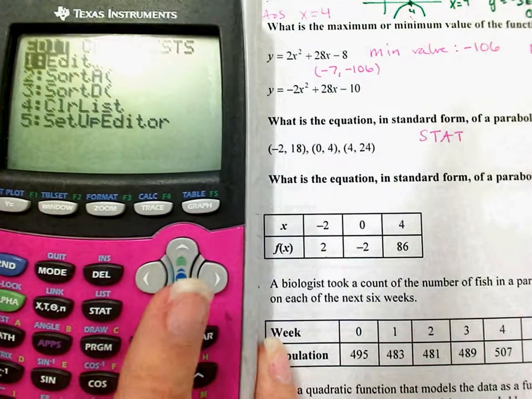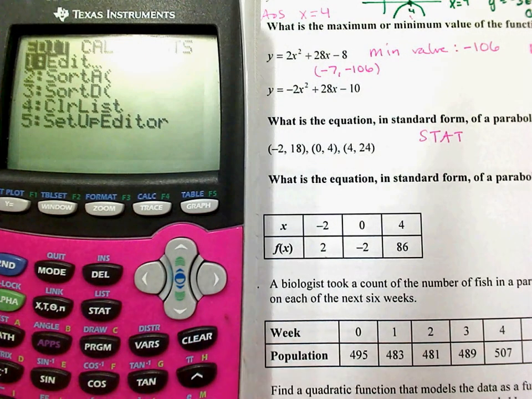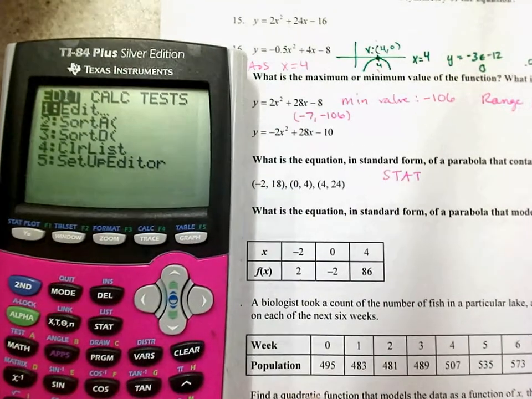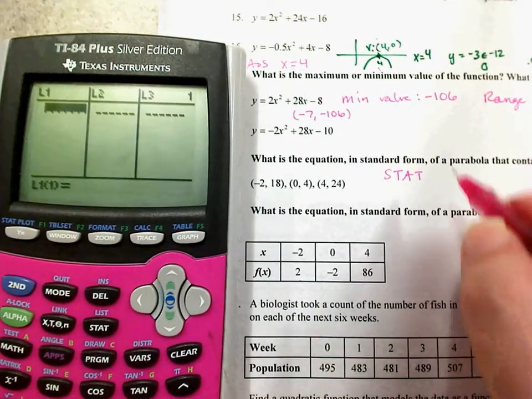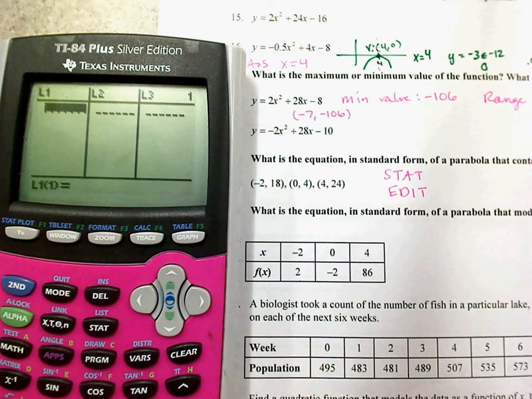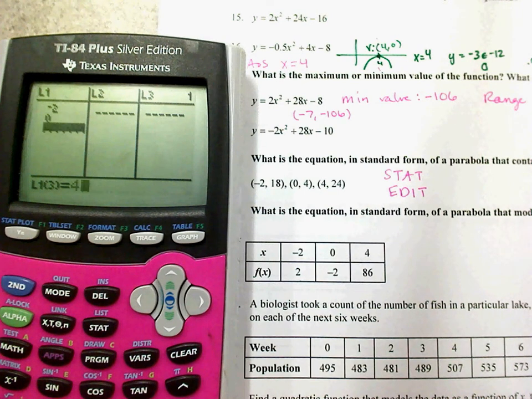Edit. Okay, so stat, edit. What goes in list 1? Okay, the x value is negative 2, 0, and what? 4. What goes in my y values? The y is 18, 4, and 24.